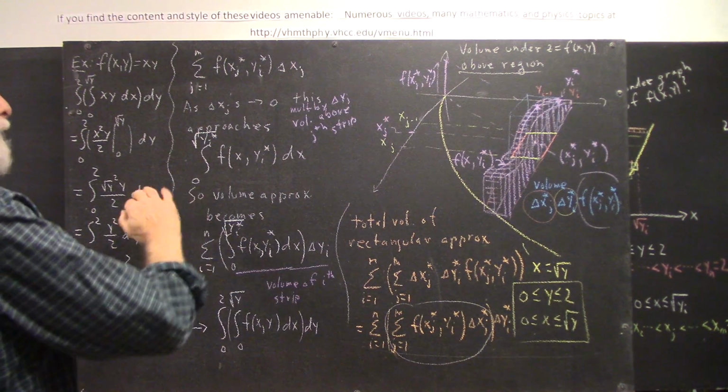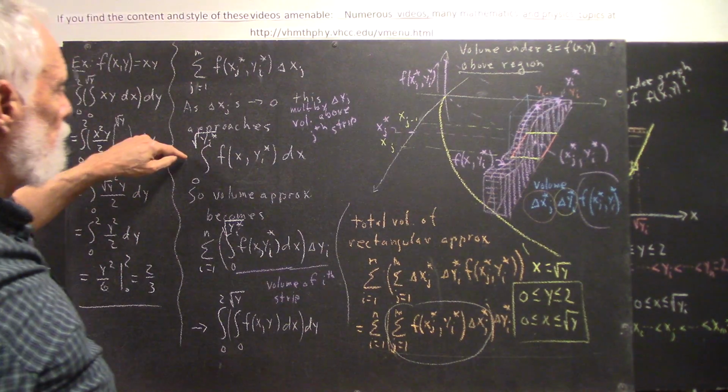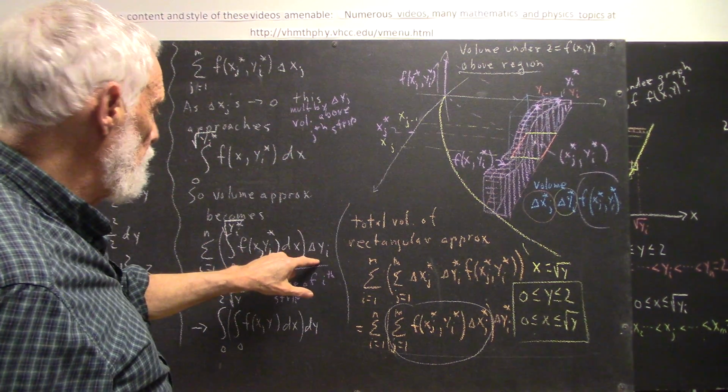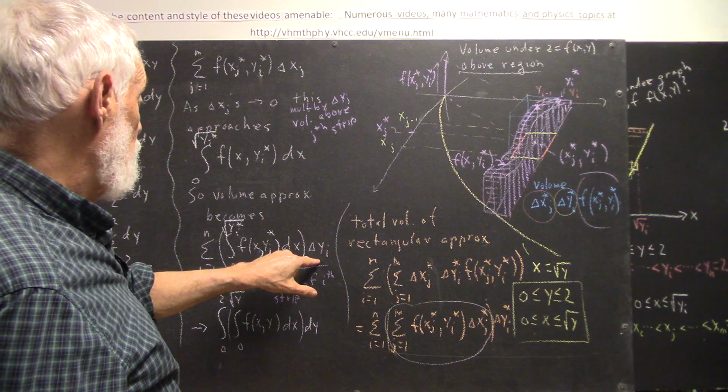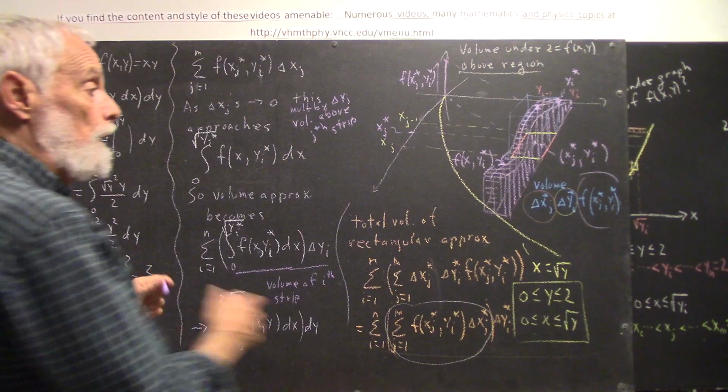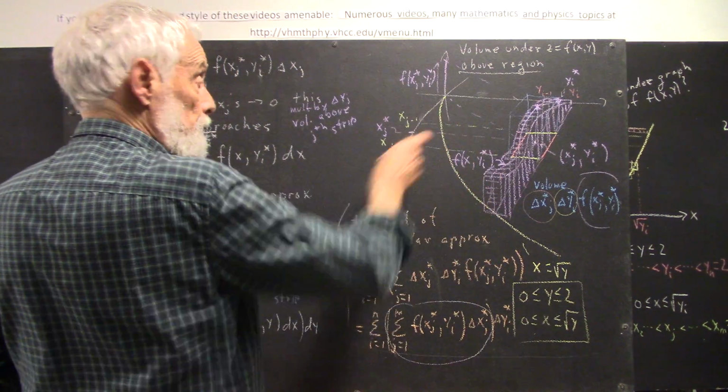Okay, so that means the volume of this corresponding strip becomes this times delta y sub i. Now we sum that from i equals 1 to n, and we get the volume above all the strips.